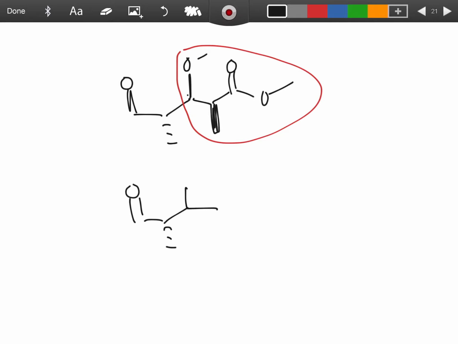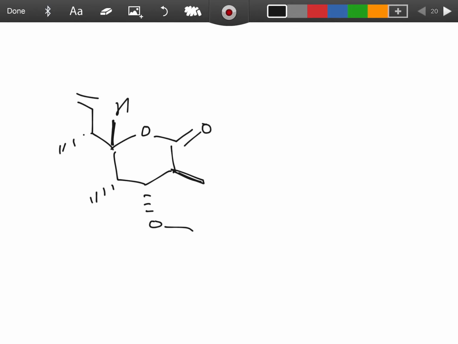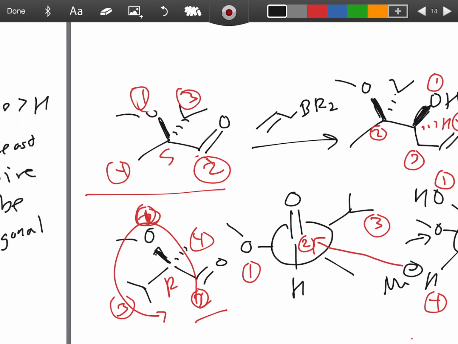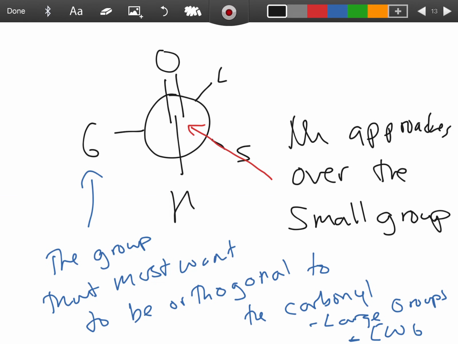If it's a 5-to-1 ratio of, let's say, isopropyl perpendicular versus methyl, you're going to get a 5-to-1 ratio of your alcohols. If you have methyl versus tert-butyl, and maybe that's a 20-to-1 ratio, you're going to get a 20-to-1 ratio. So how much a group wants to be perpendicular is what's going to determine your alcohol stereocenter, right?